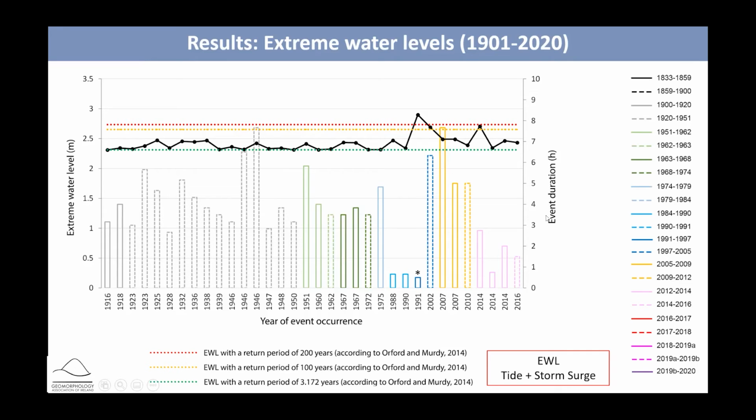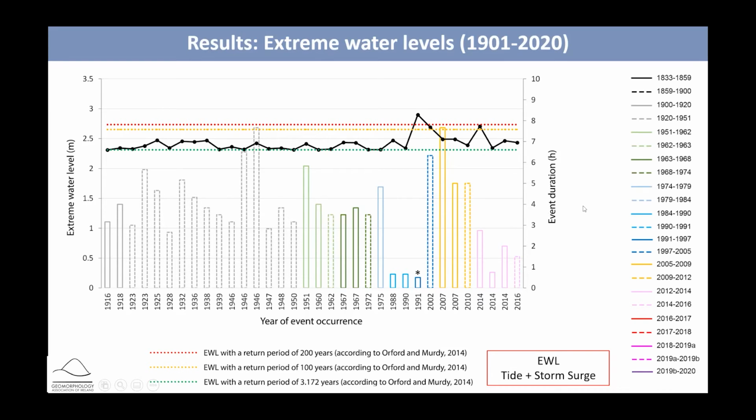Instead, the right axis refers to the event duration, which is represented by the colored columns. These events are based on the 30 top events recorded by the Belfast tide gauge, and only the years from 2011 to 2020 refer to the Bangor tide gauge.